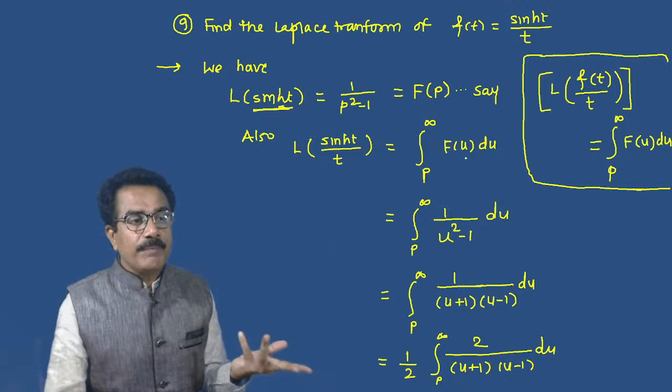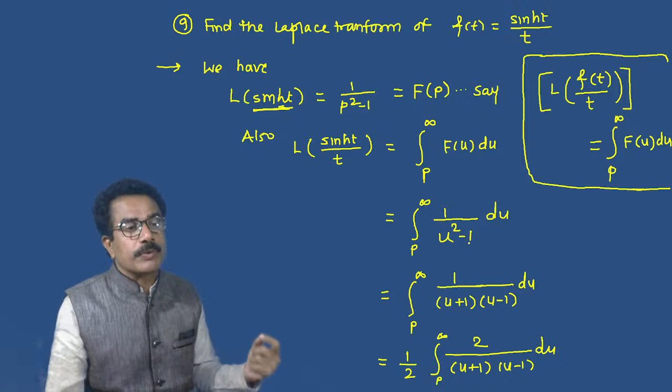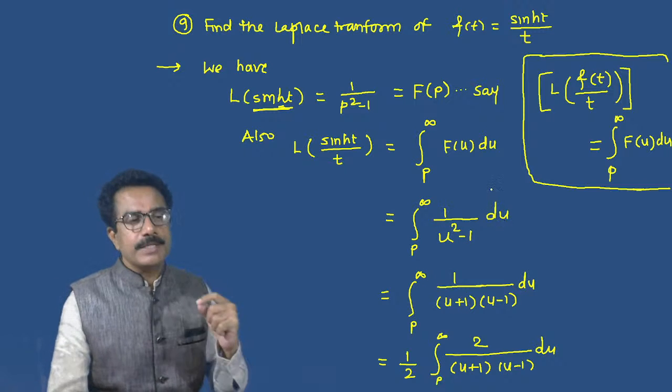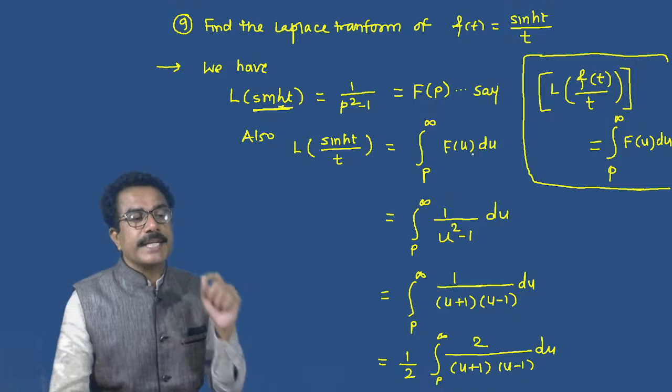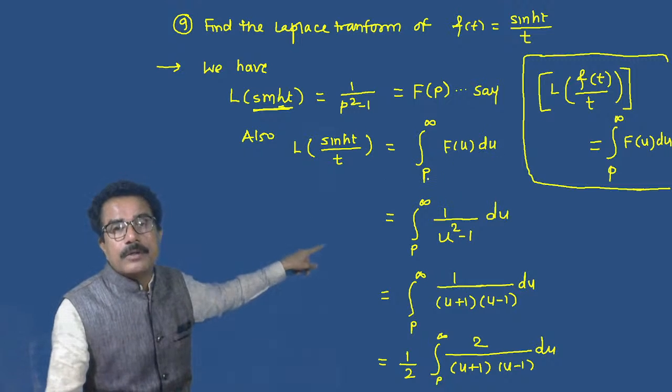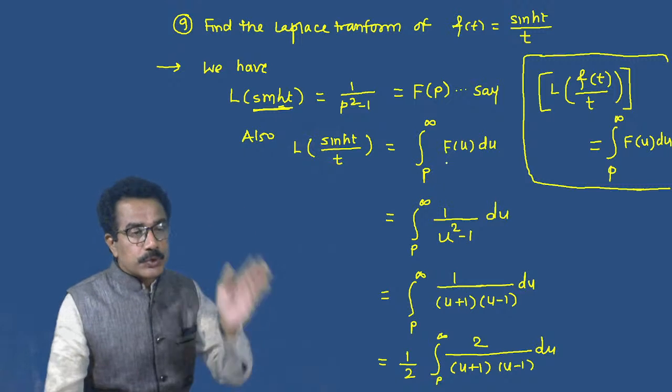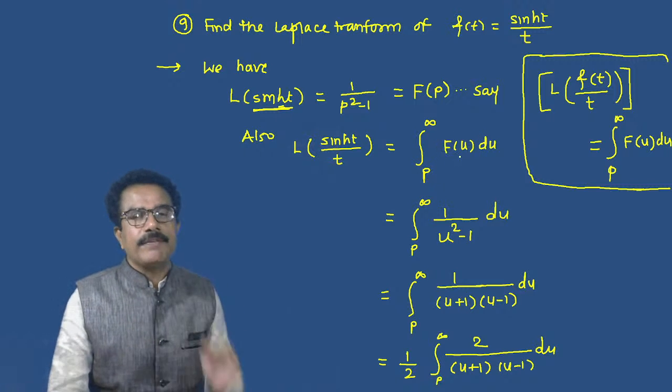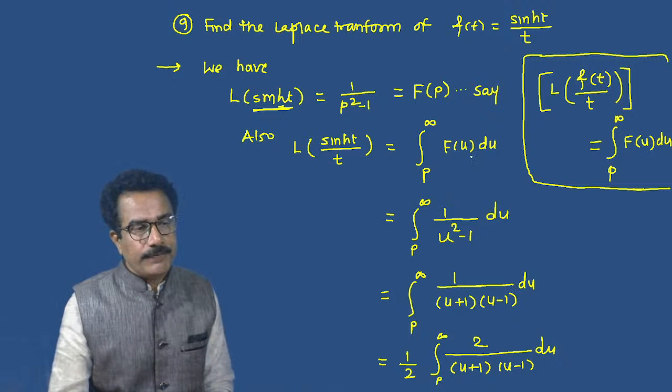Then capital F of u means 1 upon u square minus 1 du, because we have to take this integration with respect to u, and the lower limit is p. Lower limit is p, so we have to write the integrand in the form of capital F of u.